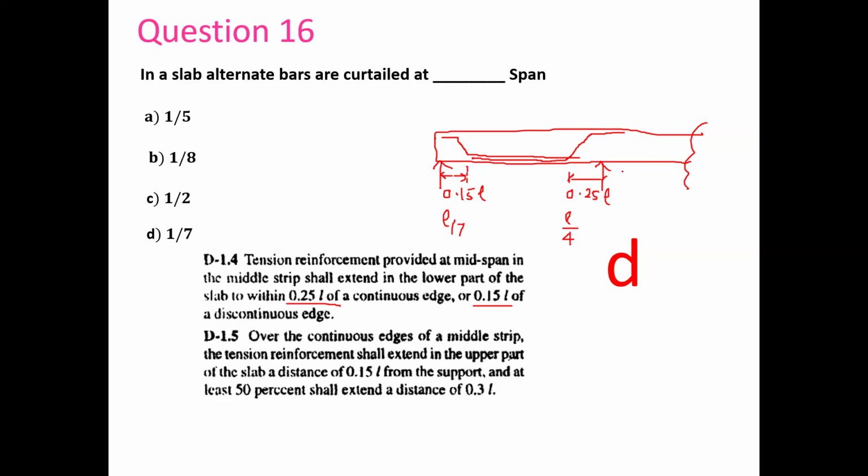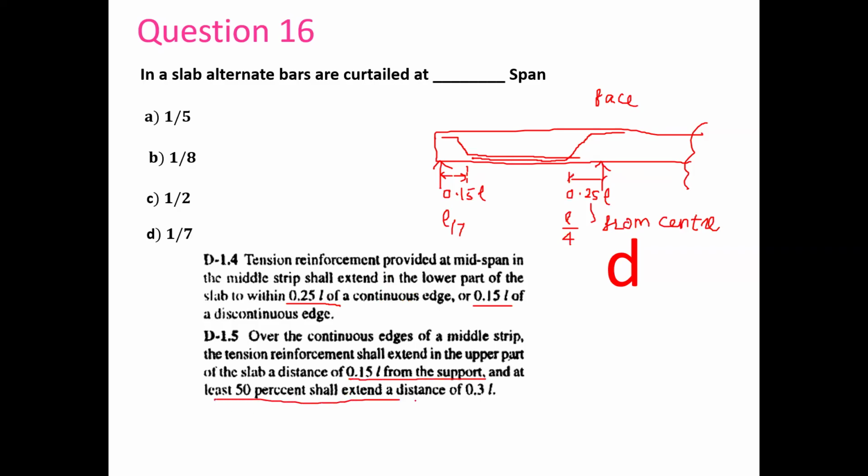In bottom reinforcement, these values are from the center of the support. But if you consider the top, then your values are from the face of the support. And those values are given as 0.15 L from the support.